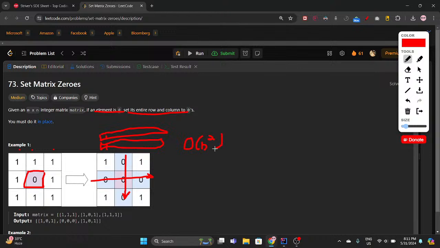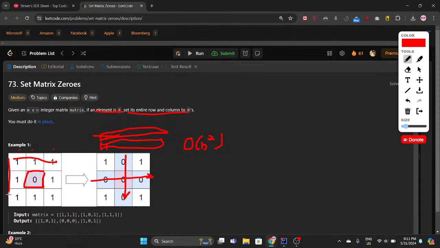Time complexity. Space complexity: two arrays, rows is of size n. Let's say in the worst case we have all these columns, m columns. So if we have to set all the columns, the worst case space complexity will be m, and also we have to fill this.